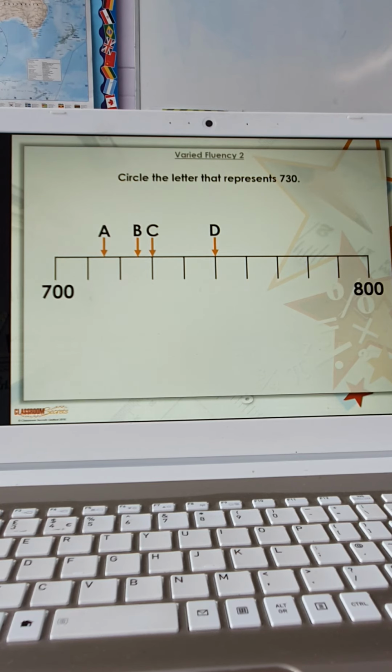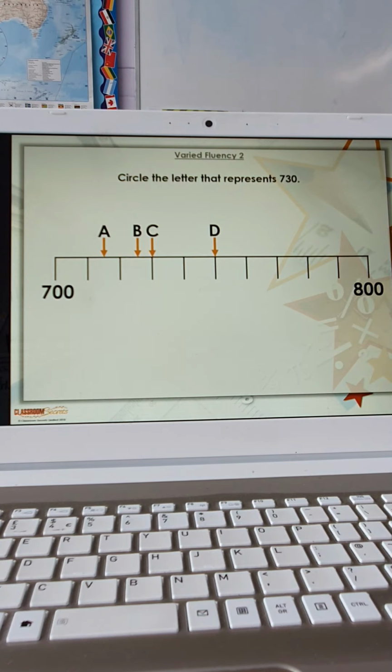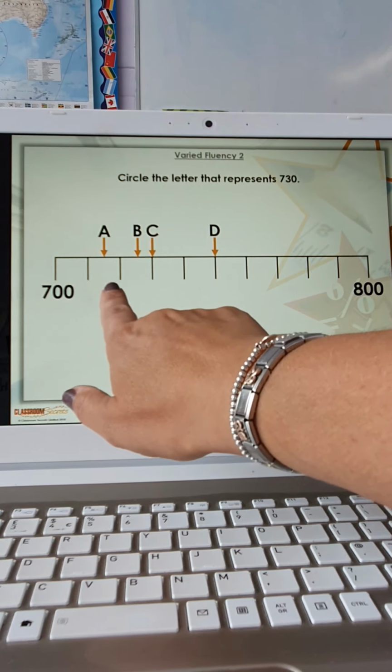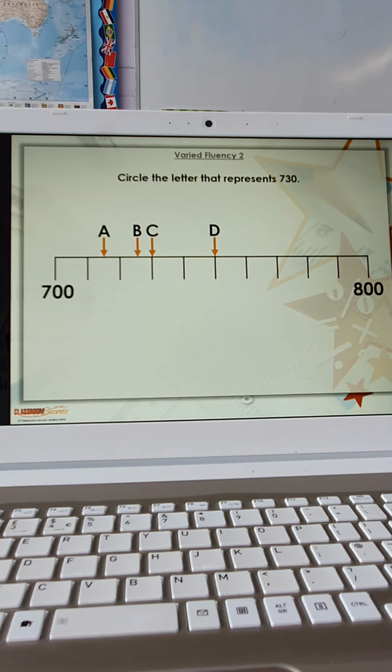So 100 divided by 10 is 10. So each interval now represents 10. So to find 730, 710, 720, 730. So it's C that represents 730 on that particular number line.